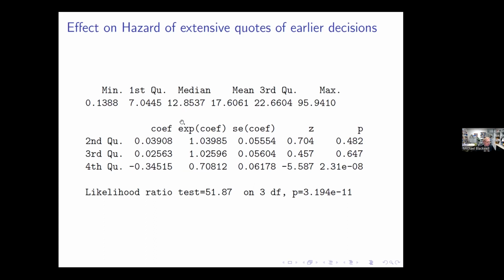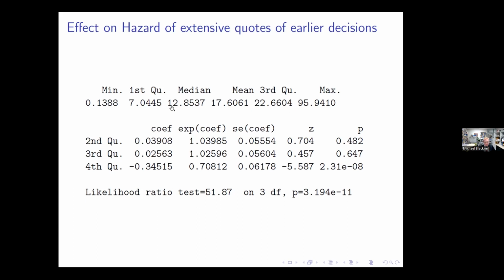So again, I was able to see the percentage of a decision which is just quoting earlier decisions. The maximum is 96% of the decision just quoting earlier decisions, i.e. that's the sort of template that a judge has probably used and quoted from his earlier decisions.